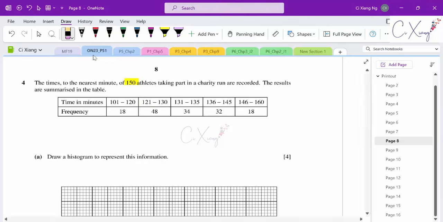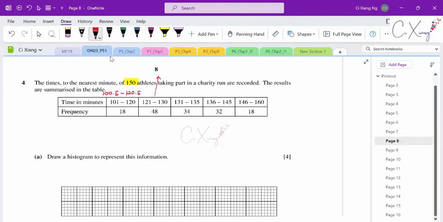Therefore, you have to do some adjustment to get the class boundaries, where you take the lower limit minus 0.5 to become 100.5. Then for the first class, the upper limit has to plus 0.5 to become 120.5. Same thing happens for all the other classes.